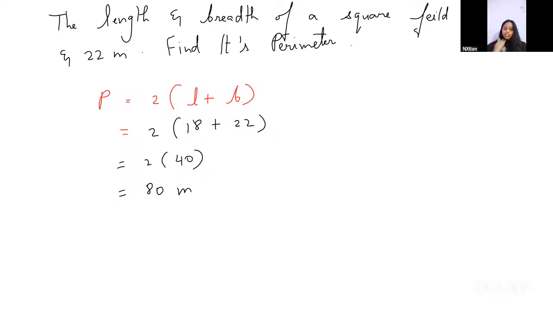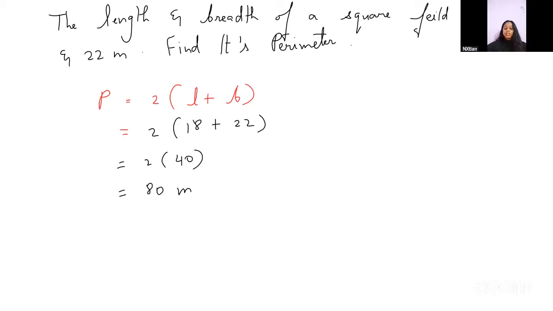Do you want to write this down or have you written it? I didn't write this down, but do we have to write this down? You can write just the solution.